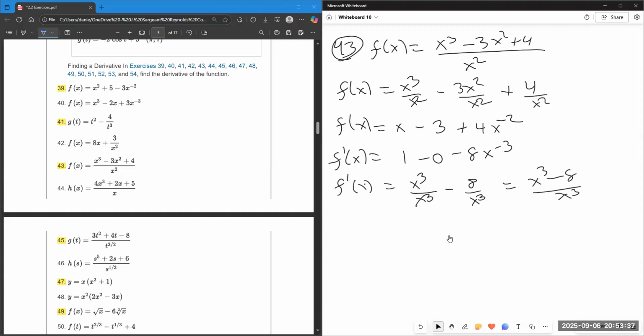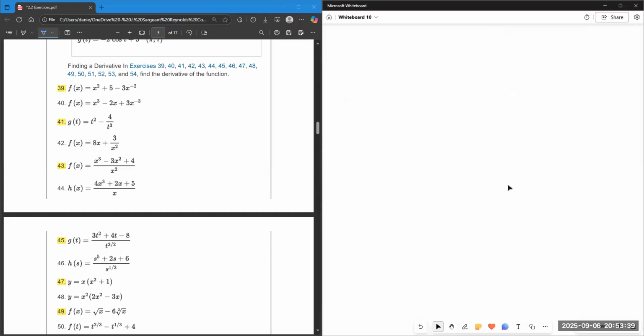Let's look at number 45. G of t is equal to 3t squared plus 4t minus 8 over t to the 3 halves.